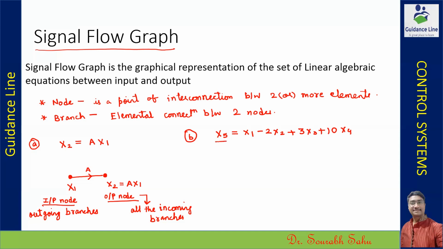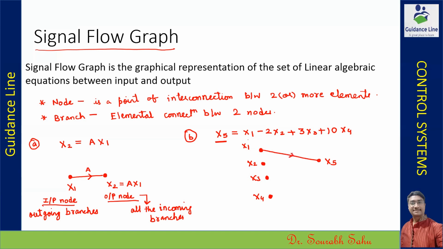We know x5 is the output, so I first write an output node, x5. Then we have a number of nodes which are not dependent on any other node. Let us say this is x1, then x2, x3, and here x4.